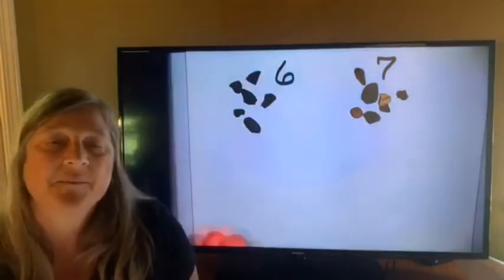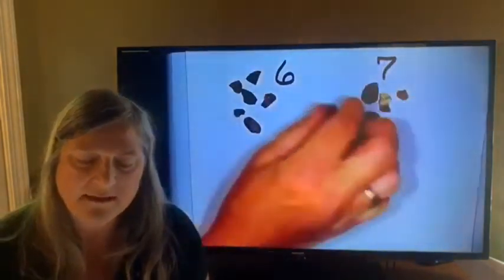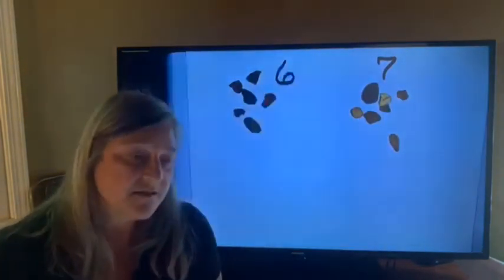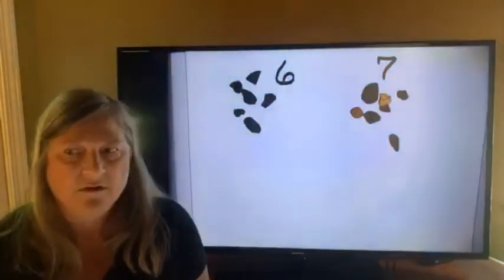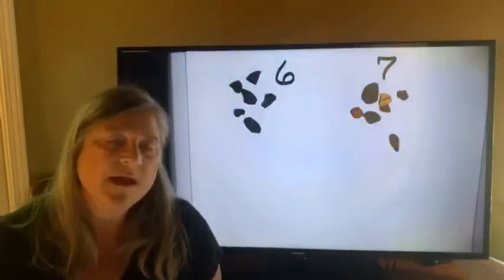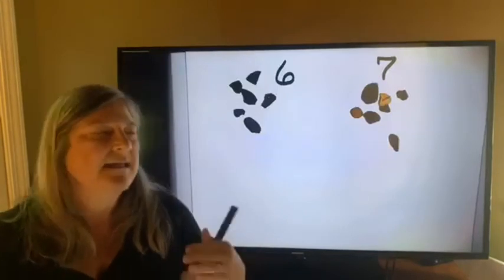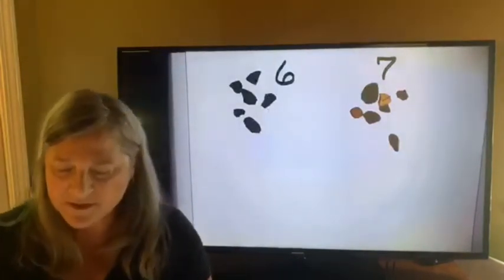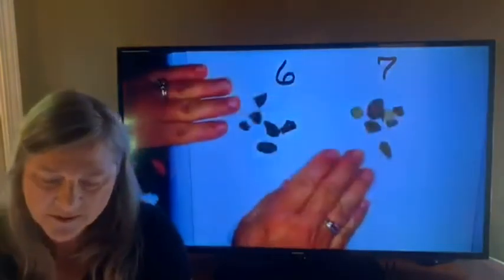Now they may or may not know, just by seeing the numbers 6 and 7, that 7 is bigger than 6. The assumption for adults is, well, yeah, 7's bigger than 6, but they might not know that yet. So that is that piece that we want them to know. We want them to know that 7 is 1 more than 6.